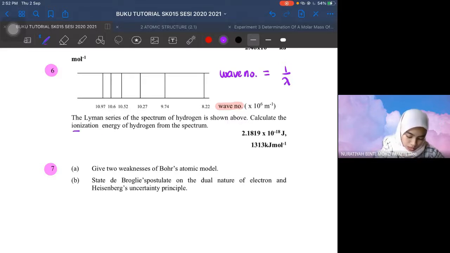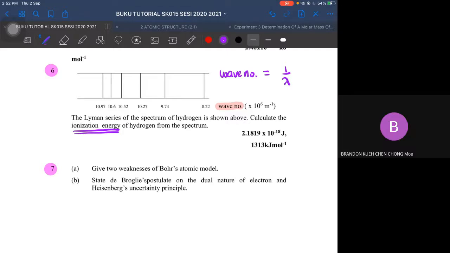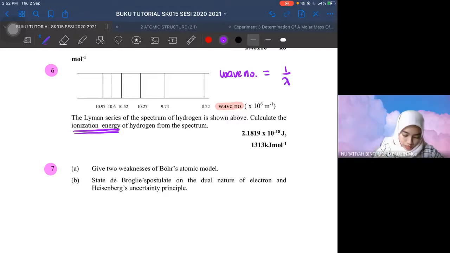So kita nak ionization energy. Kita akan guna formula apa tu? What formula can we use when we are given the 1 over lambda? EI. Kalau EI, ionization energy. Okay.